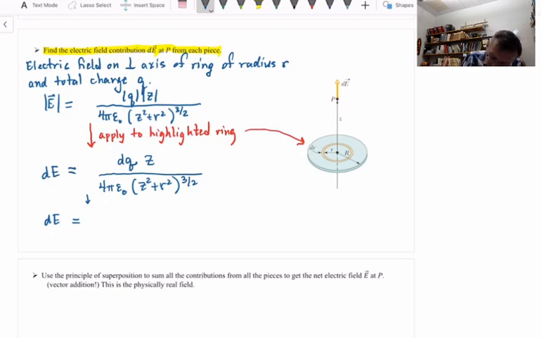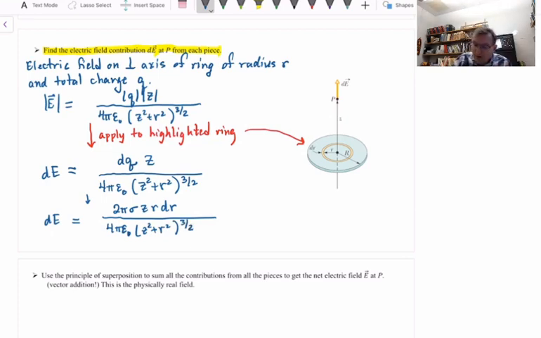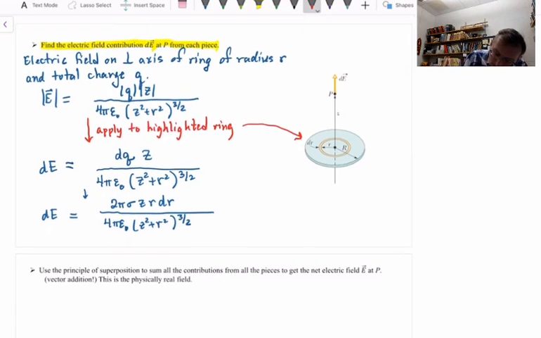So what I have upstairs is 2 pi sigma z r dr over 4 pi epsilon 0 times Z squared plus R squared to the 3/2. Understand what I did? For the dQ, I took sigma times 2 pi r dr, and of course that was multiplied by Z.